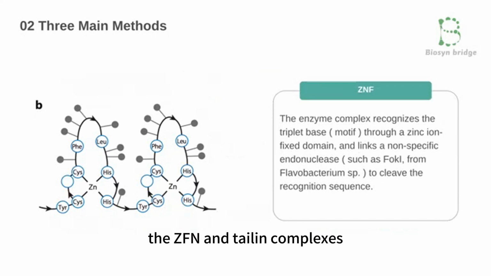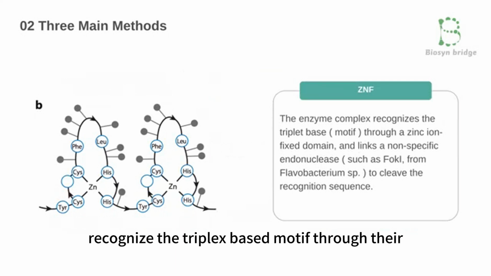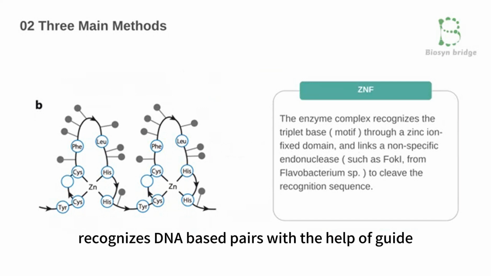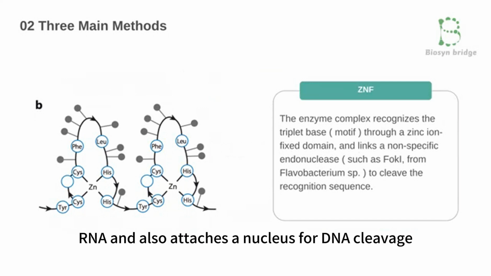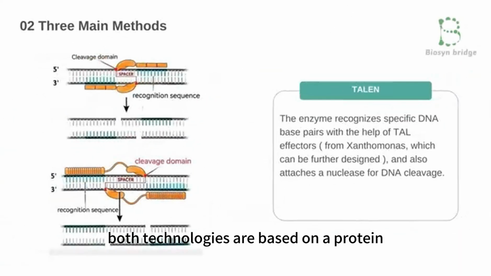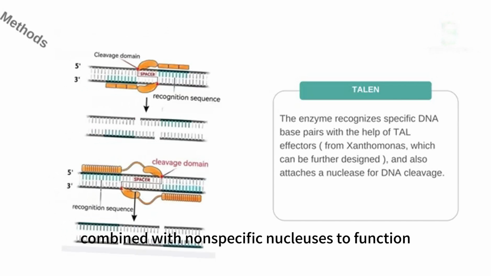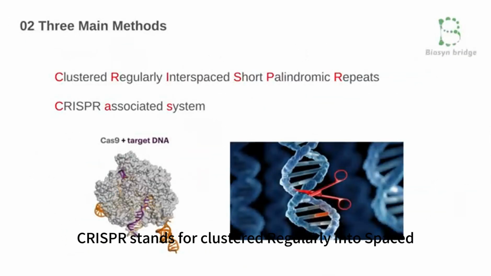The ZFN and TALEN complexes recognize the triplex-based motif through their zinc finger or TALE domains and cleave the recognition sequence. CRISPR-Cas9, on the other hand, recognizes DNA base pairs with the help of guide RNA and also attaches a nuclease for DNA cleavage. Both technologies are based on a protein DNA recognition model, combined with non-specific nucleases to function.